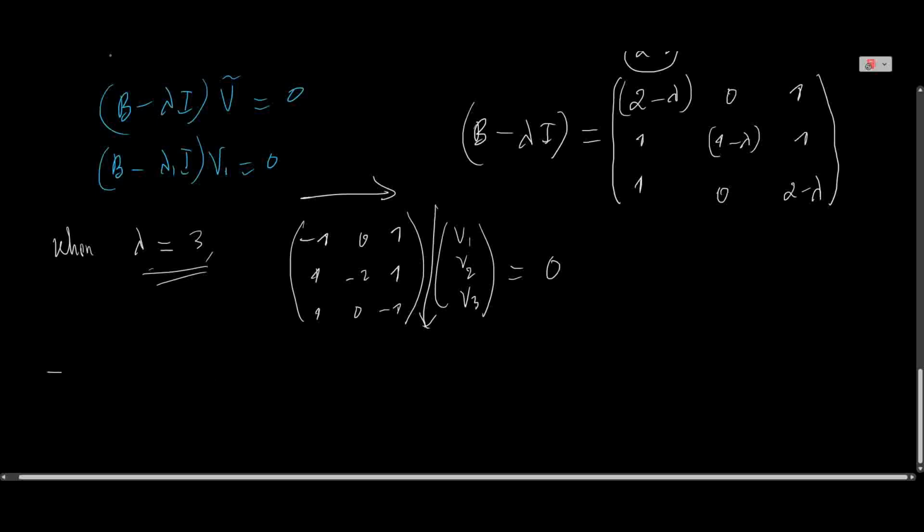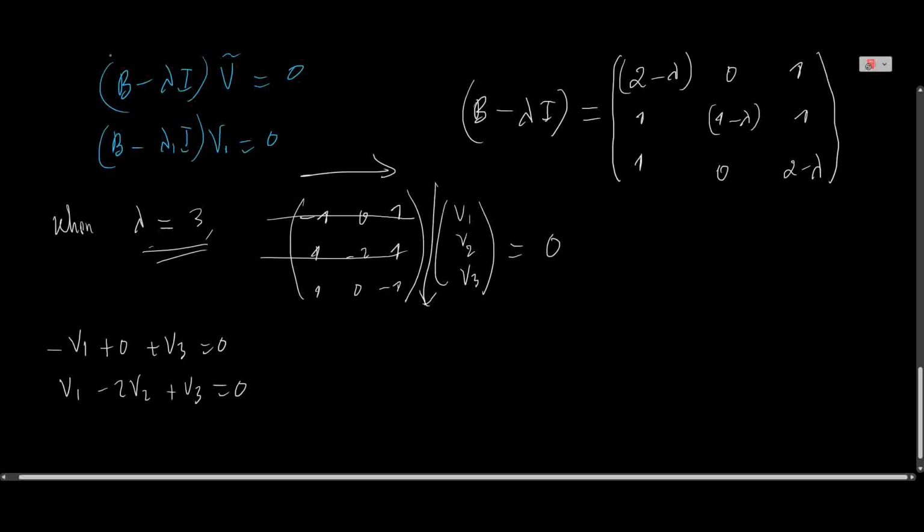Basically it's minus v1 plus 0 plus v3 equal to 0. We're done with this. We go here, so it should be v1 minus 2 v2 plus v3 equal to 0. We're done with this. Then the third one, v1 plus 0 minus v3 equal to 0.